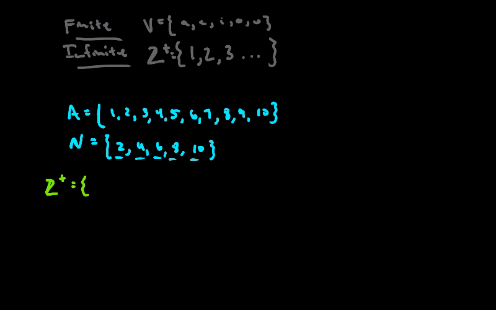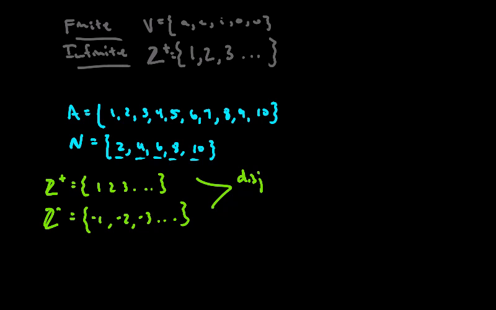Positive integers would be 1, 2, 3, and so on, infinite. Now let's look at negative integers. This would be -1, -2, -3, infinite. These two sets are disjoint or mutually exclusive sets because they don't have anything in common at all, nothing.